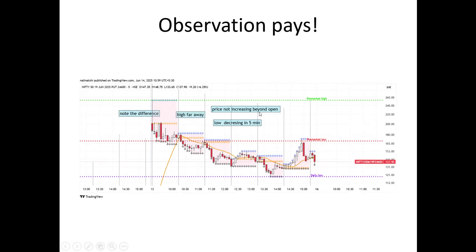Price is not increasing beyond open. The yellow, orange dots are open. Price is getting stagnated. That means price has not been able to cross the opening auction price. That is weak.